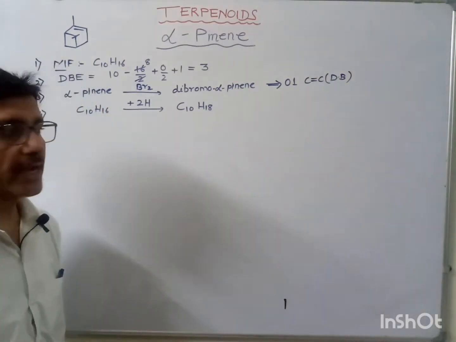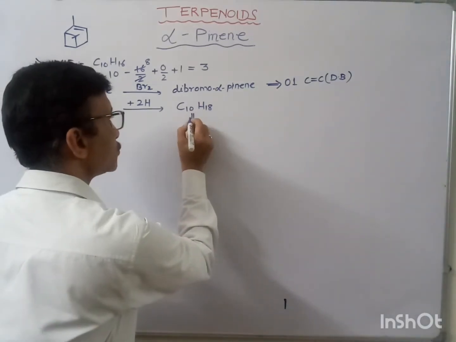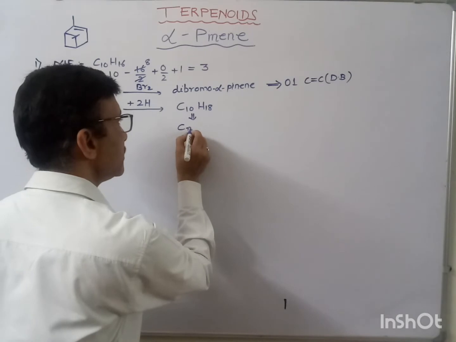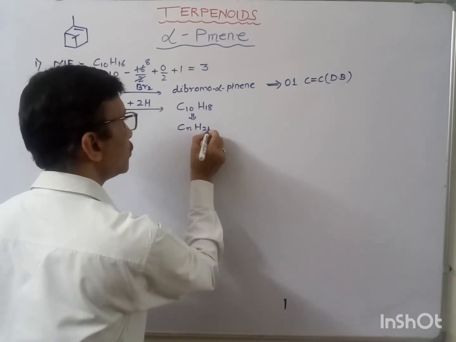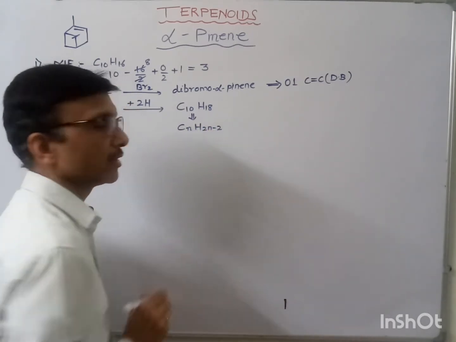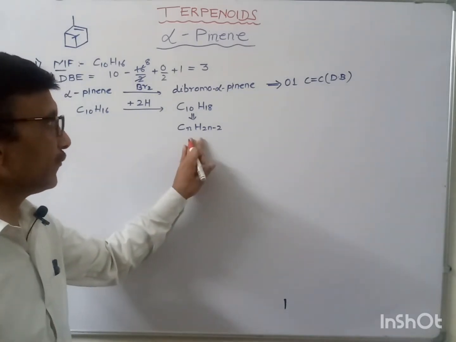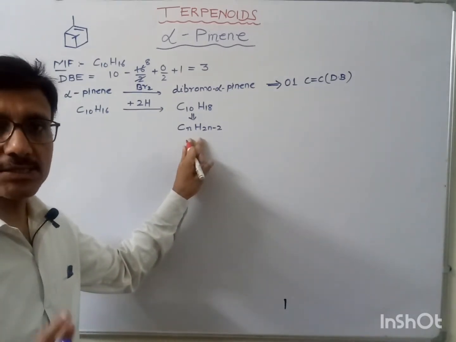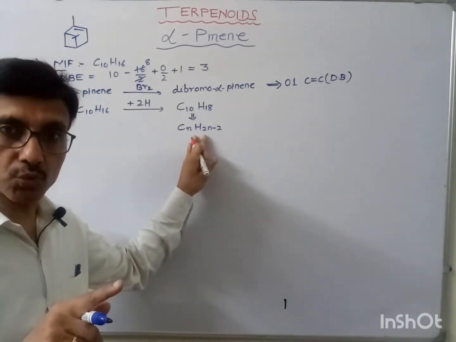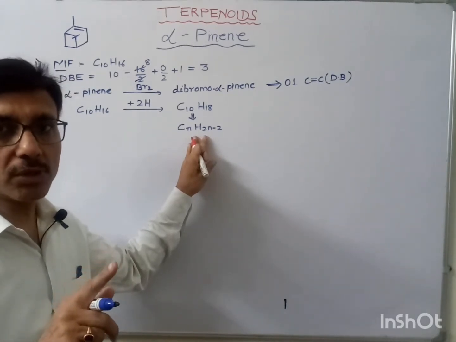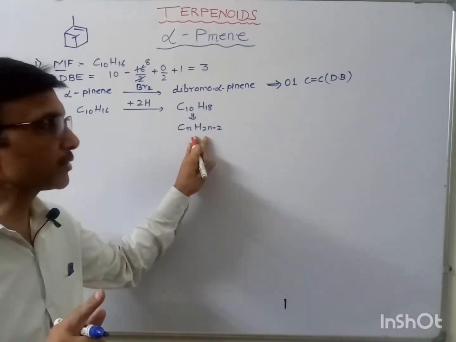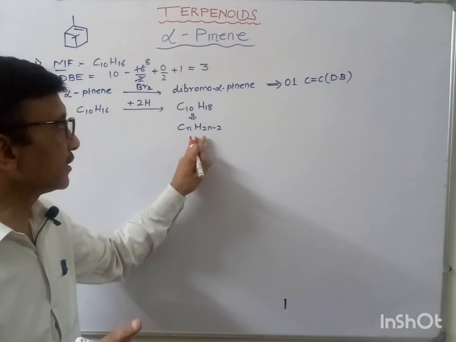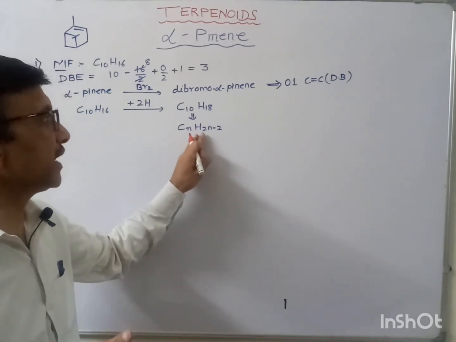Now this C10H18 corresponds to the general formula CnH2n minus 2. If the general formula is CnH2n plus 2, then it corresponds to an acyclic monoterpenoid.